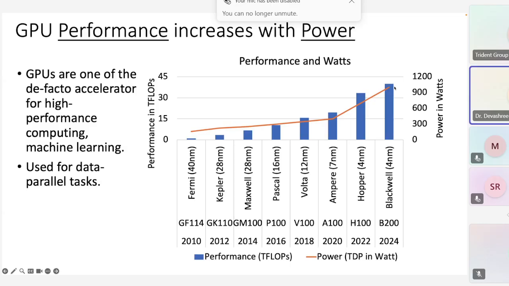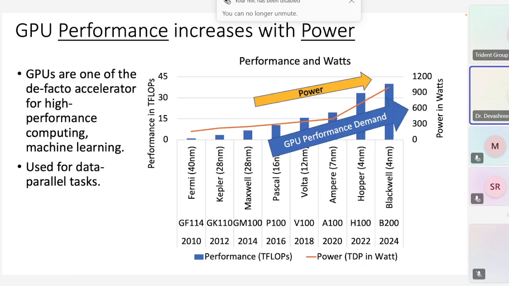Here, the power consumption of those different generations of GPUs has also increased significantly. So with the increase in the high performance demand, there is also a significant increase in the power consumption, and this is because of technology scaling, increasing number of cores, and other microarchitectural changes.